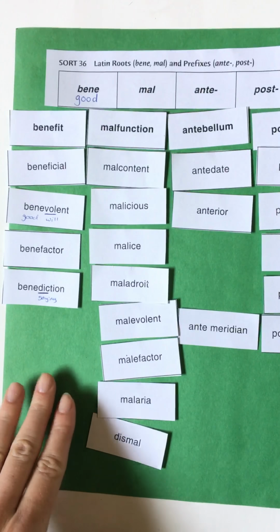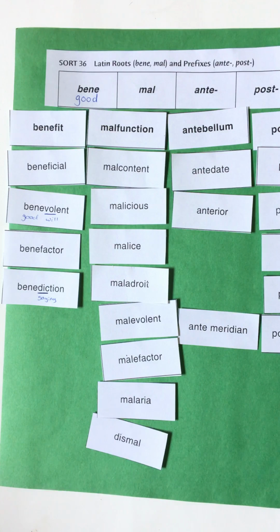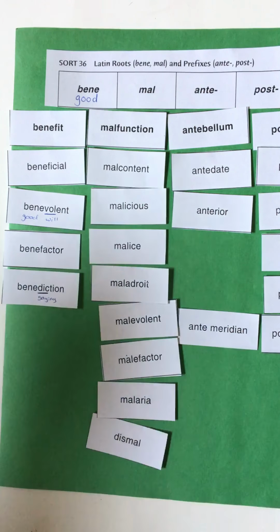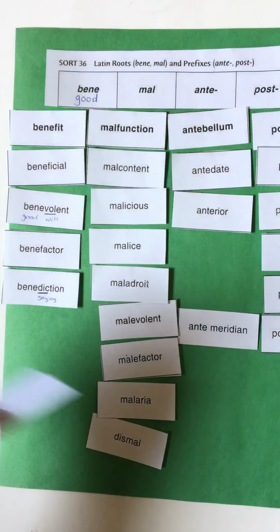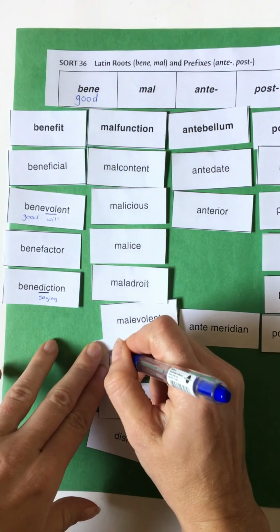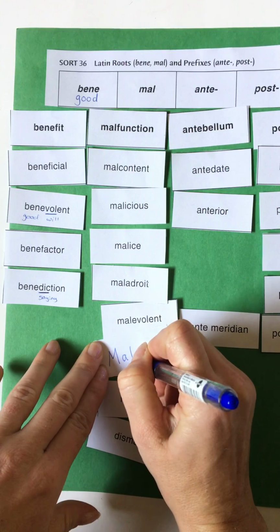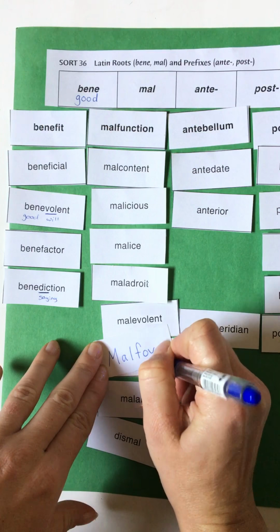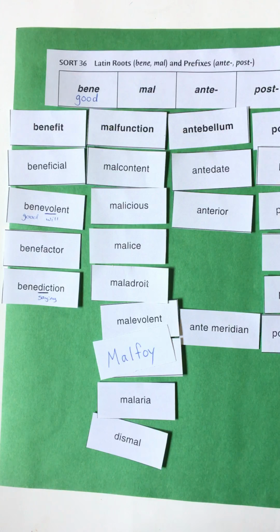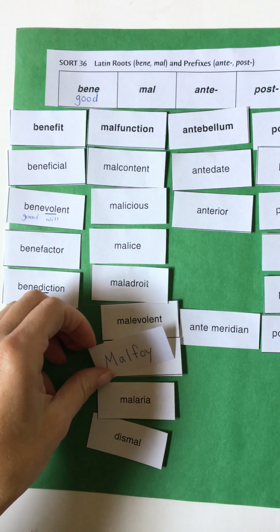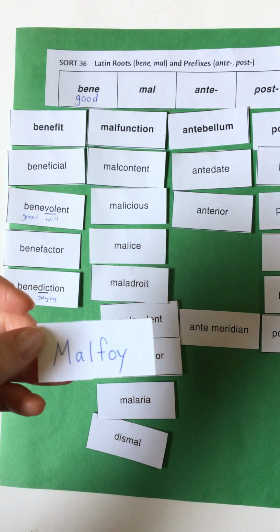So mal, take a look at mal. What do you think that means? I think you could add one more word on here. Let's see. Do you know that name? Malfoy. Malfoy is the antagonist in Harry Potter.